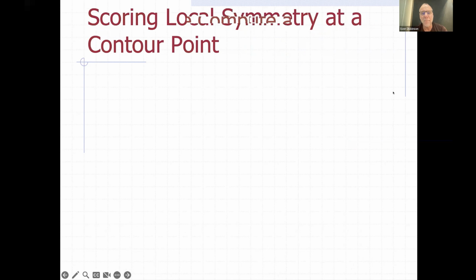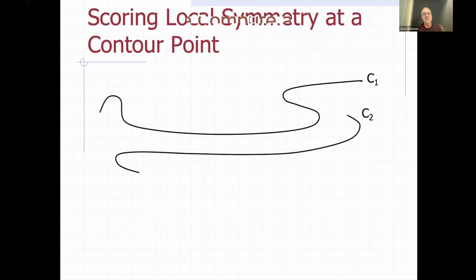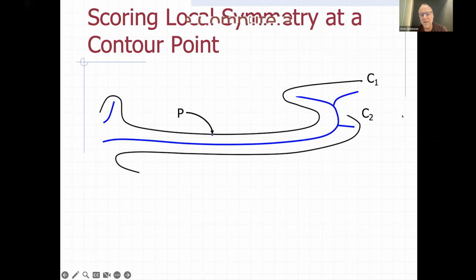All right. So how do we score symmetry at a contour point? Let's consider two contours in our line drawing, C1 and C2. And let's consider a point P on one of those contours. Again, we want to compute a symmetry score for that point that will allow us to sort the points into two 50% groups. So what we see in blue here is the medial axis between contour C1 and C2. And it turns out that point P is tangent to a maximally inscribed disk centered at point Q naught on that medial axis. And what we're going to do is look at a neighboring window of points along the medial axis to the left and to the right of Q naught.